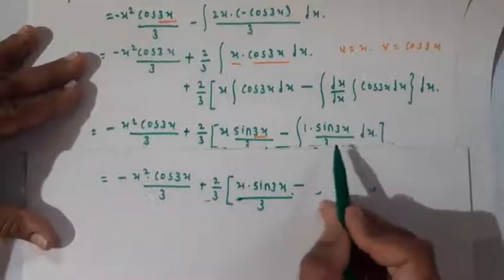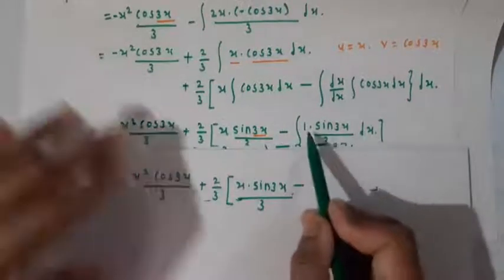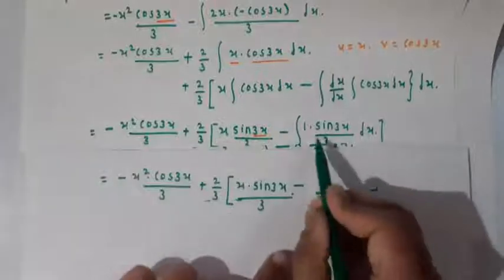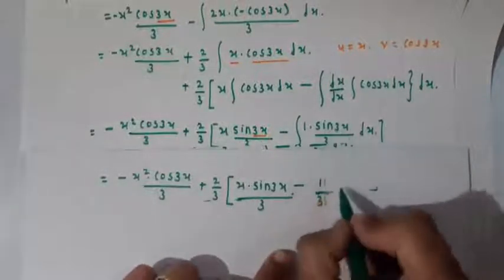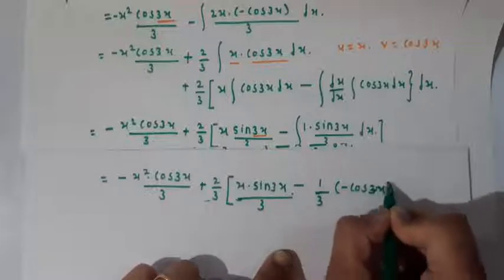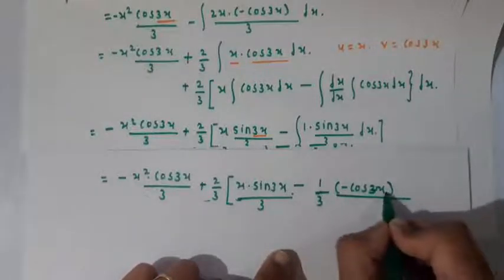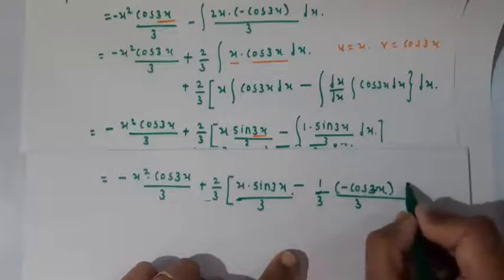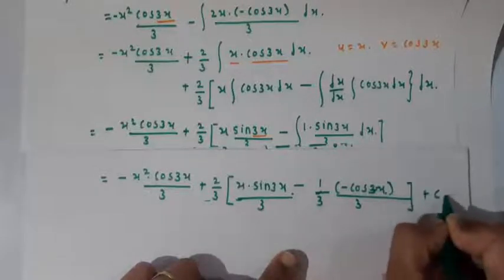The 1 by 3 we will take outside, and now integration of sin of 3x is minus cos of 3x, and this 3x is again a differentiable function, that's why divide by 3, plus constant of integration c.